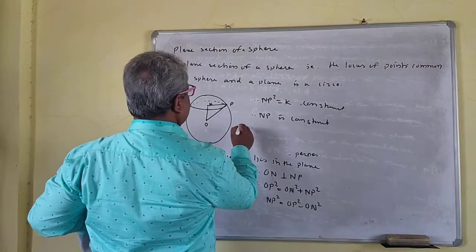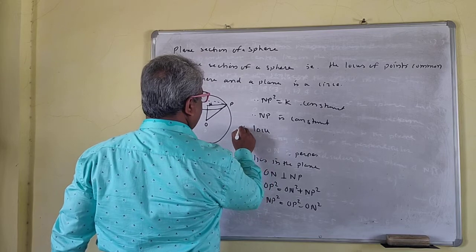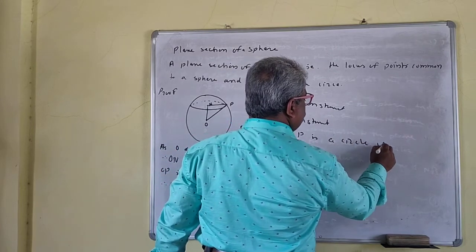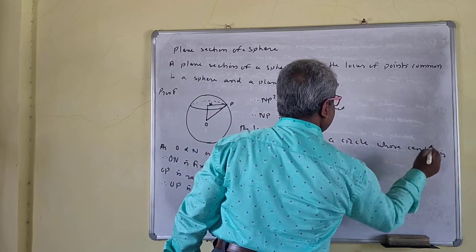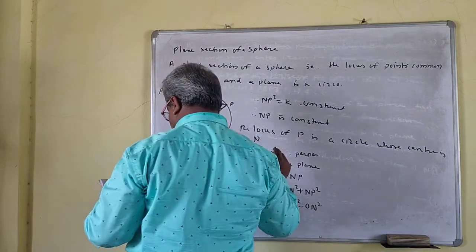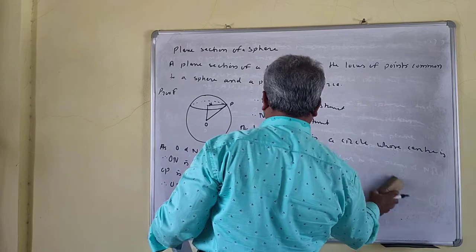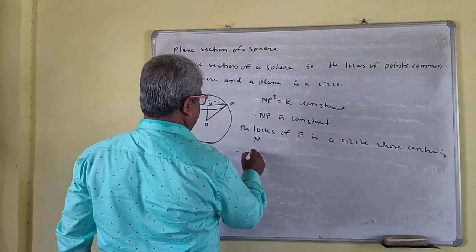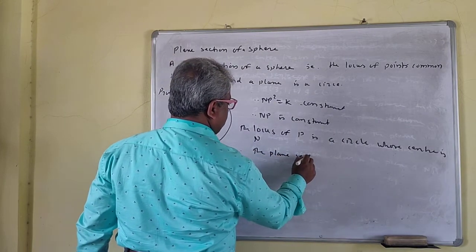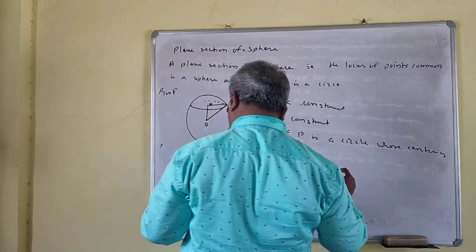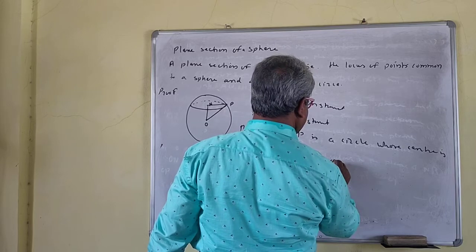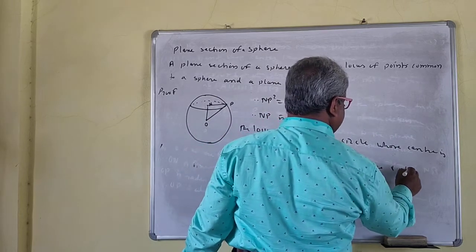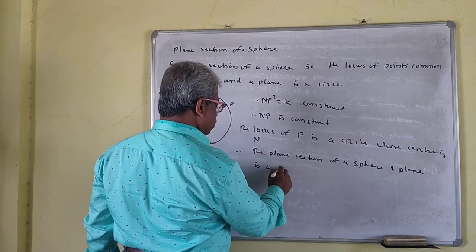Therefore the locus of P is a circle whose center is N. So therefore the plane section of a sphere and plane is a circle.